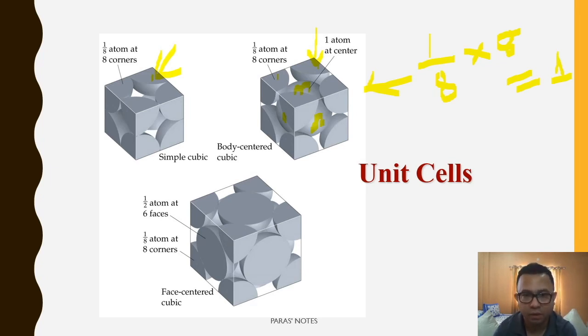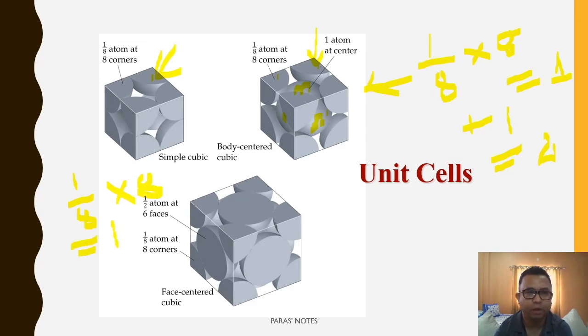And in addition to this there is also one ball in the middle, so 1 plus 1, so altogether in a BCC, that is body centered cubic cell, 2 particles are there. Whereas in a simple cube it is only 1/8 into 8, only 8 corners are there, and that is equal to 1. So here you have only one particle.